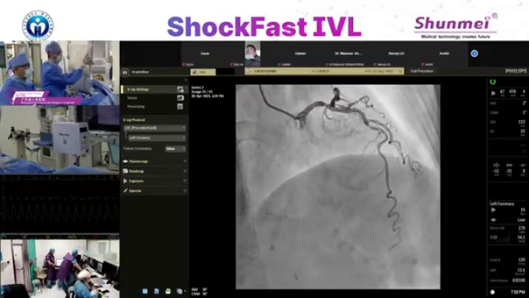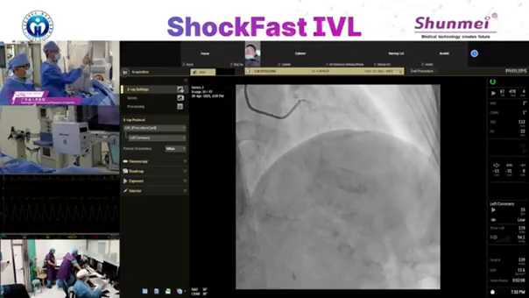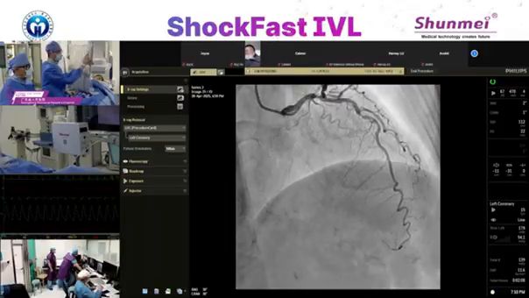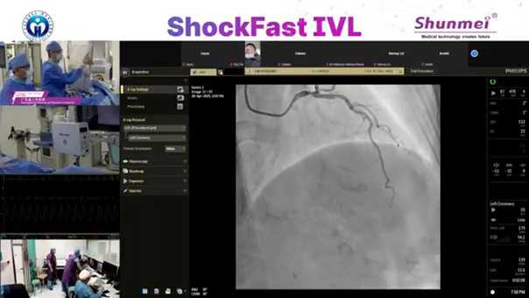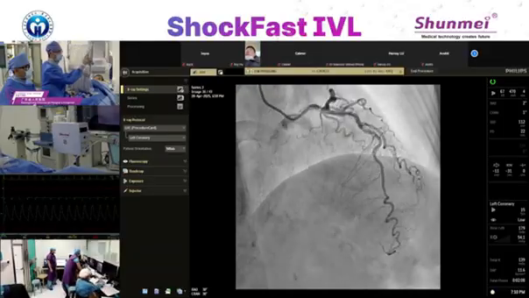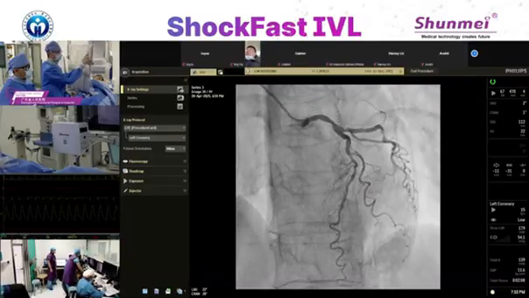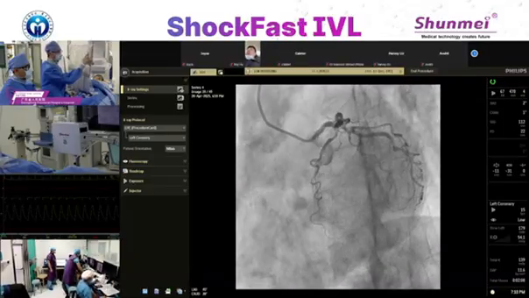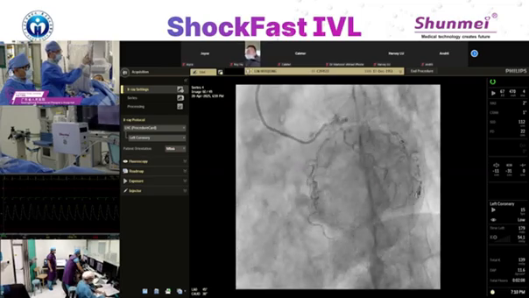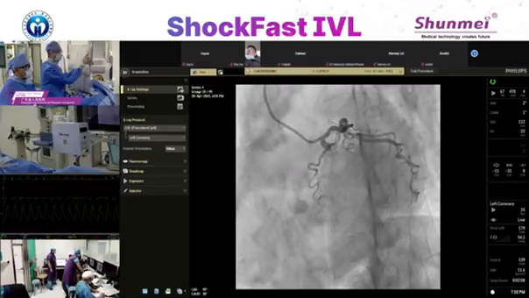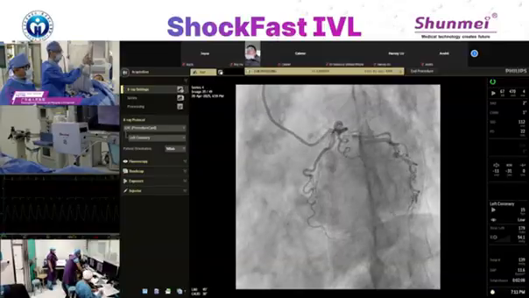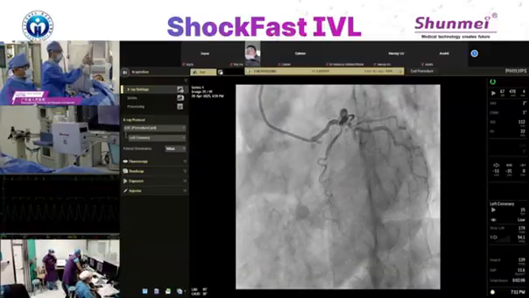At the right shoulder view, we can see the distal left main is quite narrow, and some heaviness, also at the mid LAD. And the circumflex also has some stenosis at the proximal and mid-distal segment. It's kind of focal.